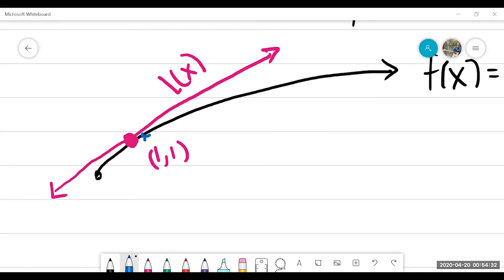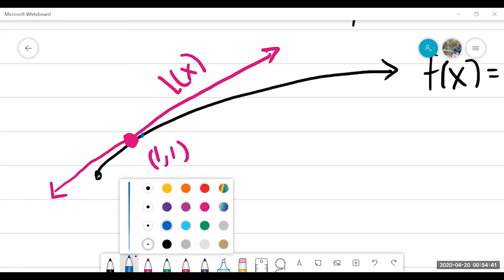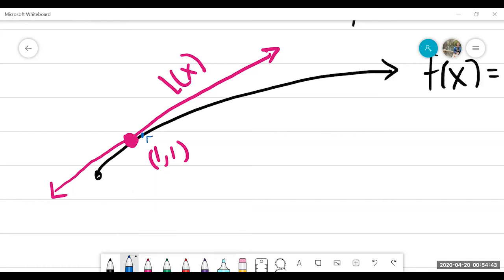This value right here, this is f of 1.1, which is the square root of 1.1, which we found on a calculator, 1.0488, and so on.